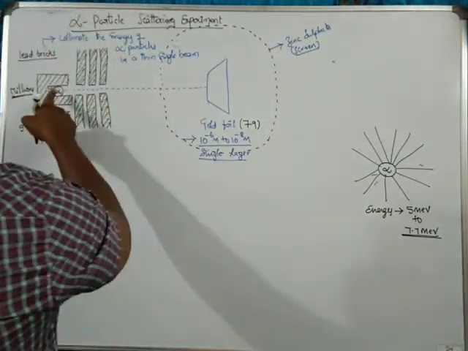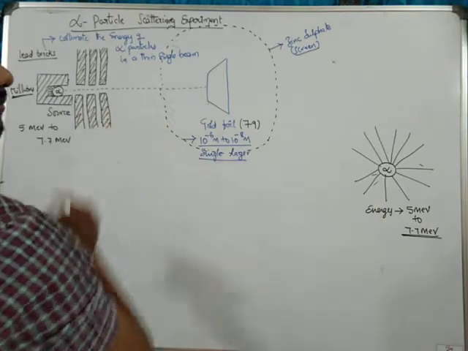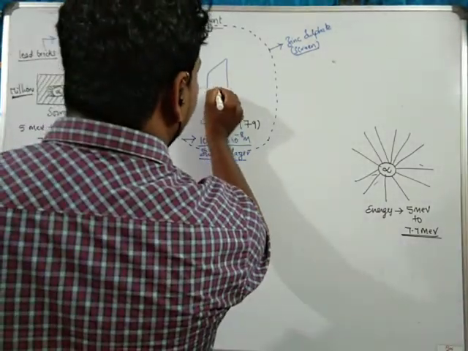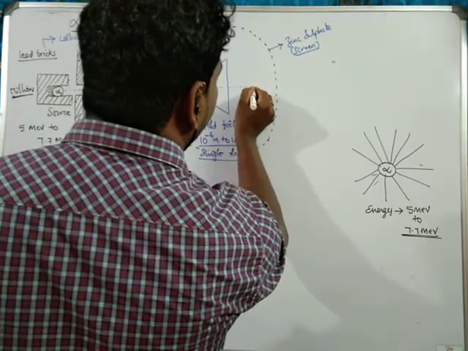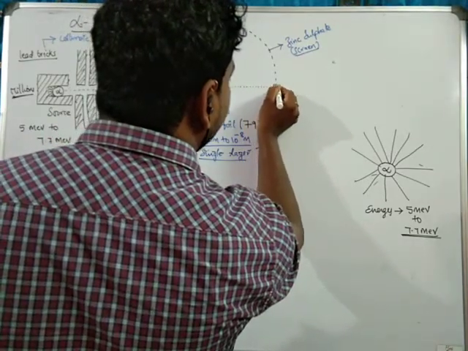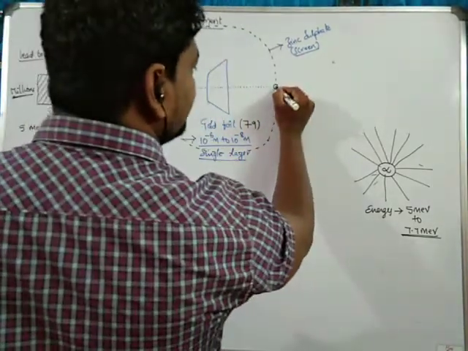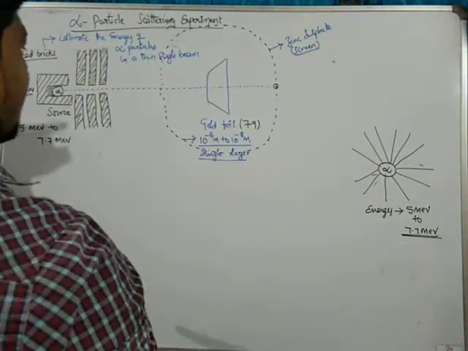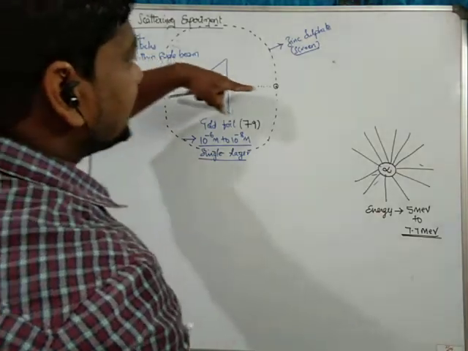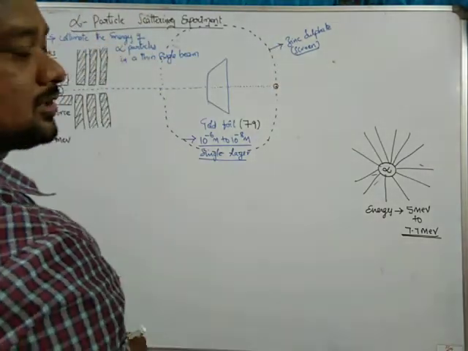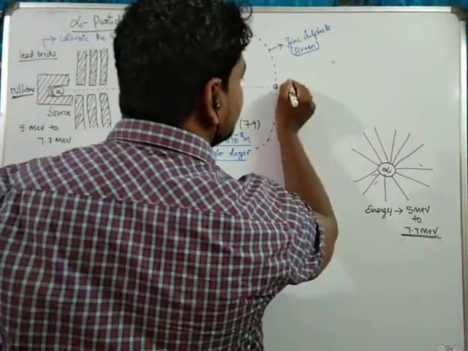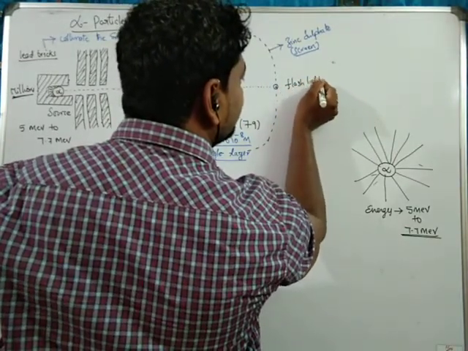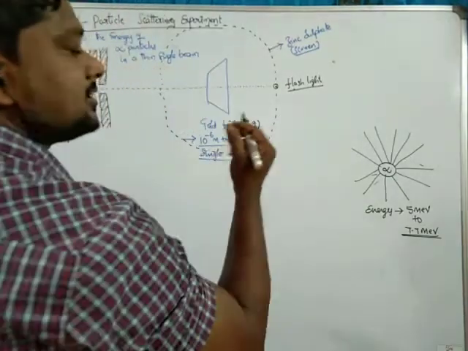So whenever we release this energy toward the gold foil, it will move and strike some point on the zinc sulfide. Whenever this ray strikes the zinc sulfide screen, we get some flashlight, some sparkle.